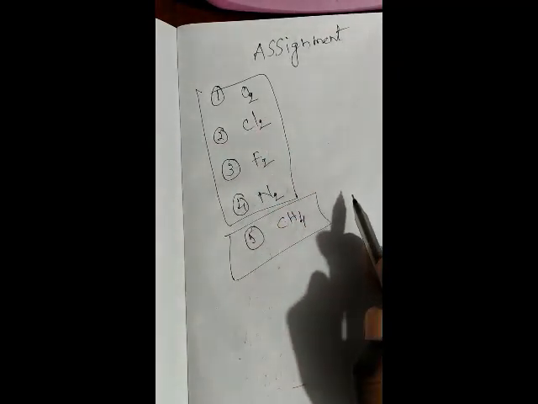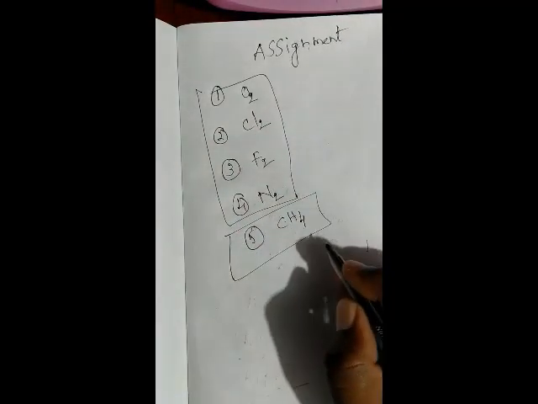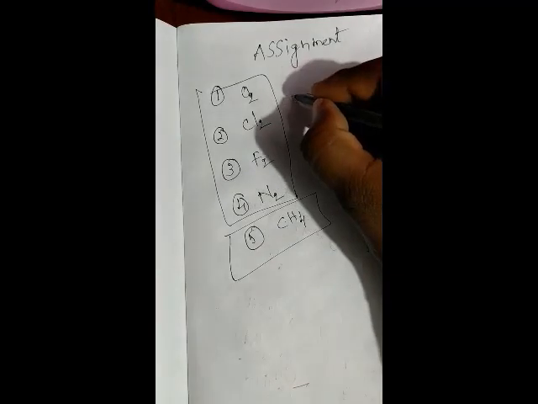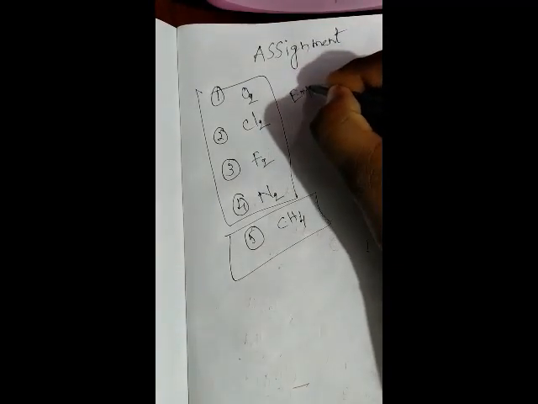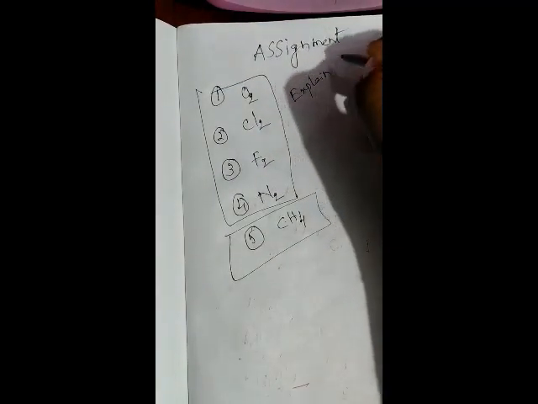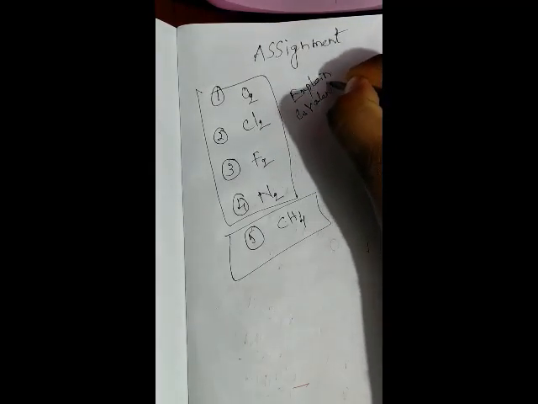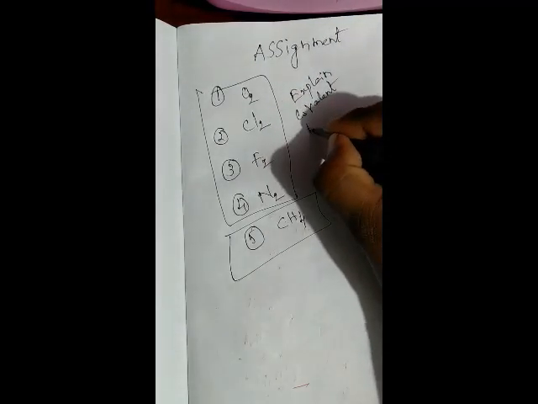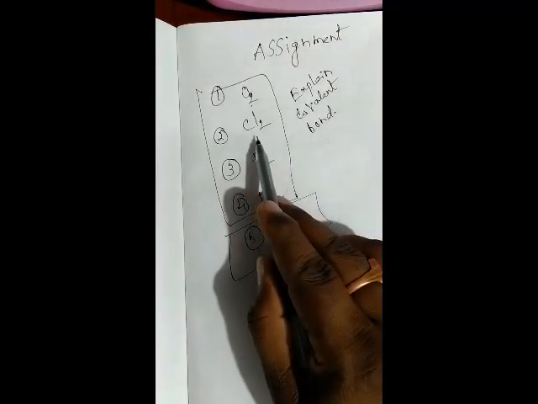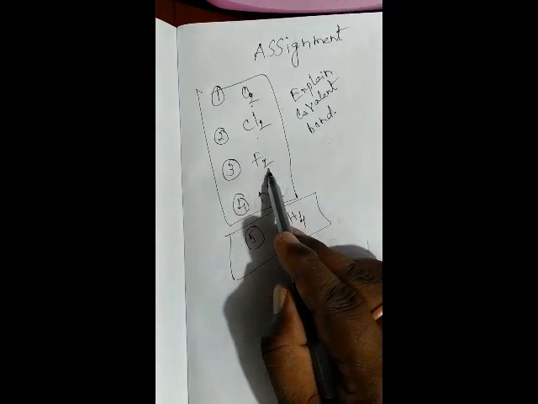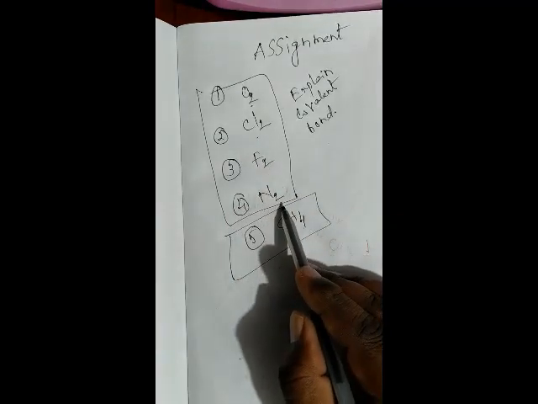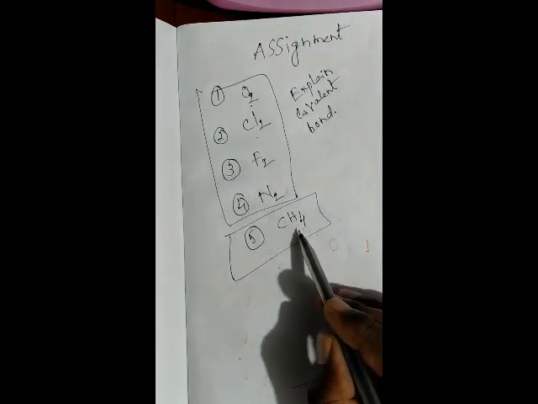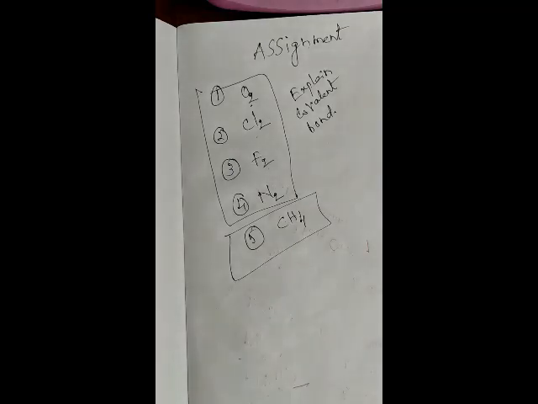So your assignment is: explain the covalent bond in the O2 molecule, Cl2 molecule, F2 molecule, N2 molecule, and CH4 molecule. So this is today's assignment.